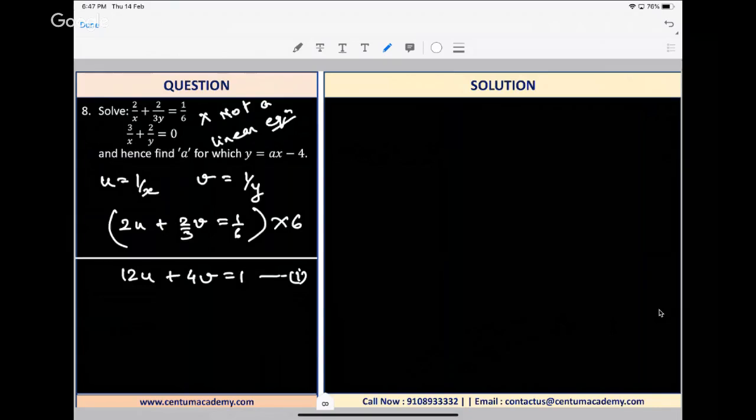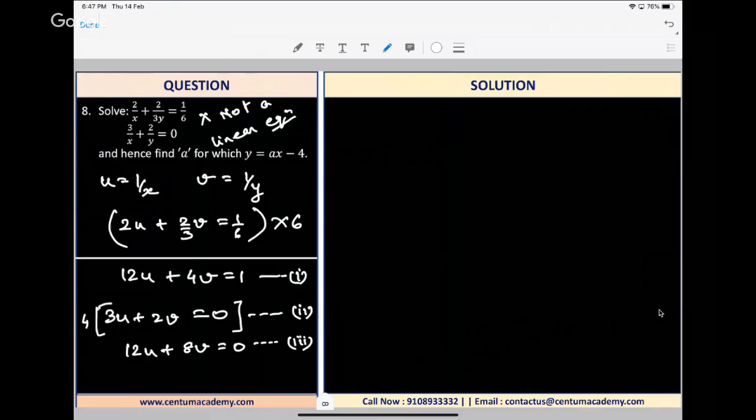Secondly, in the second equation, you will get 3u plus 2v equals 0. This is equation number 2. Now what can you do? You can eliminate. Let us multiply this equation by 4. So you'll get 12u plus 8v is equal to 0. This is equation number 3.